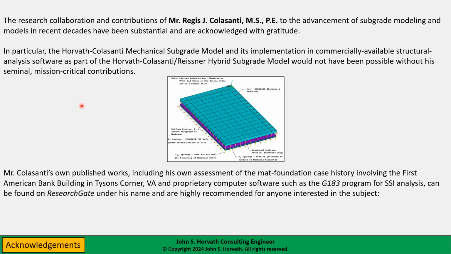I published an assessment of it in my 2020 monograph, and Mr. Colasanti has his own assessment using a program, G183, that he wrote. G183 is Colasanti's own original subgrade modeling program.